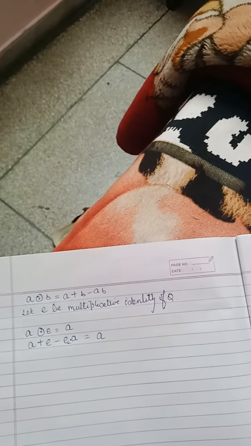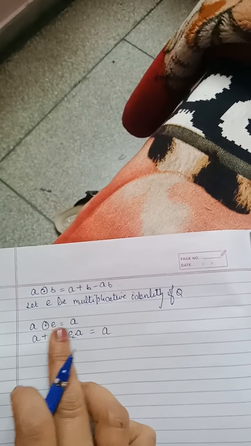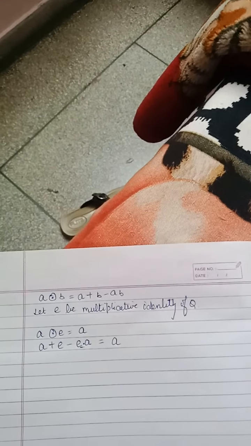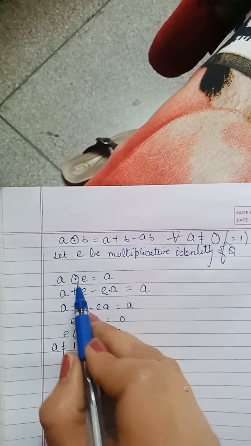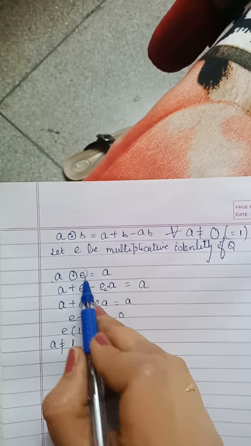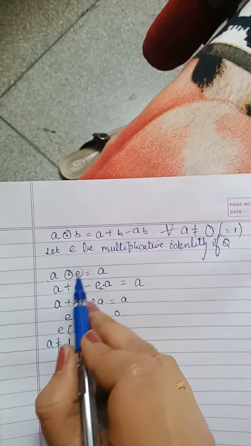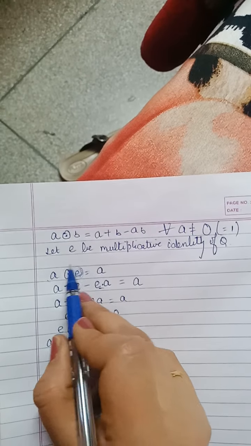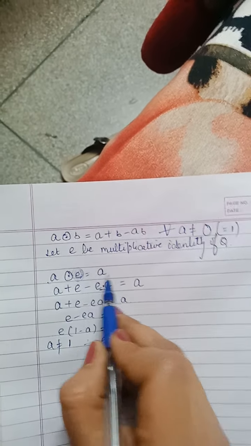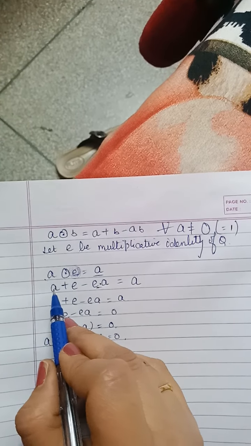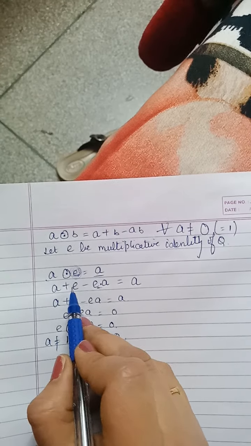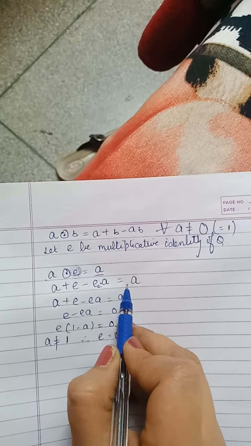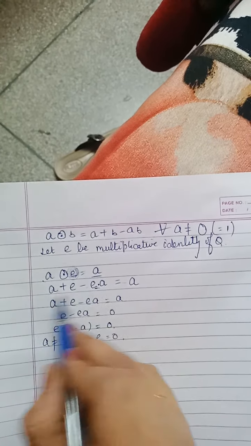What does the property say? Whether you operate the identity from the left or from the right, you must get the same result. Here we have to prove that whenever A is operated on E from the right side, or E is operated on A, the result must be A. Therefore, this operation was defined as A plus E minus EA is equal to A. Now these A are the same.